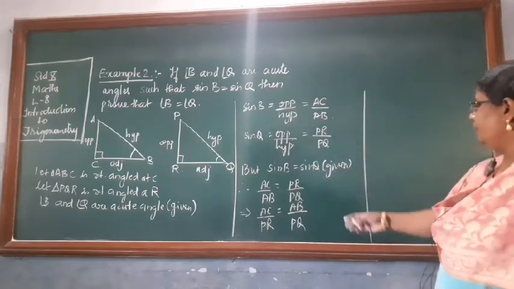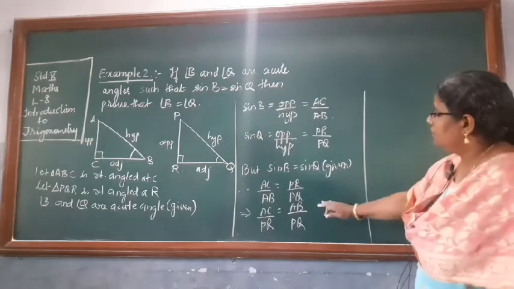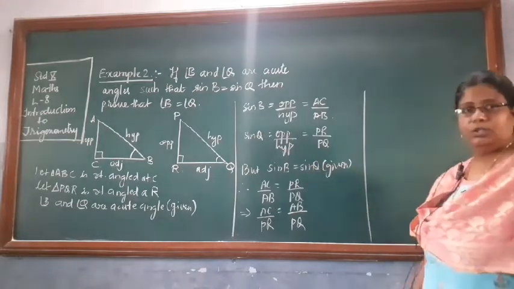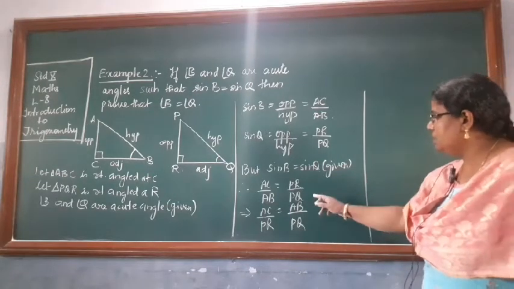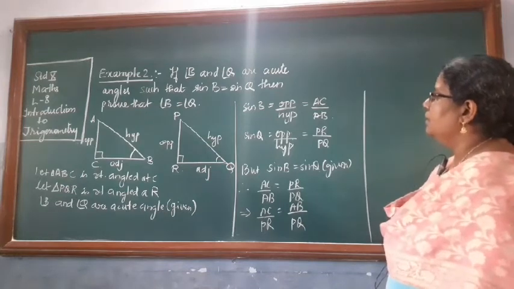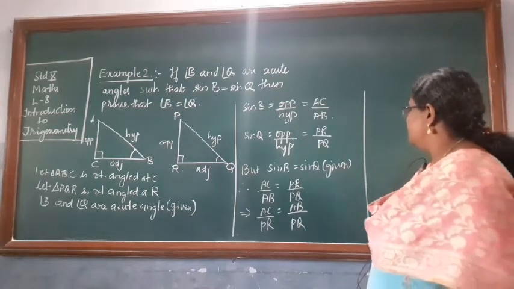Okay. So once you prove that the other side, that is BC by QR, is equal to AC by PR, which is equal to AB by PQ, then we can say that the two triangles ABC and PQR are similar.